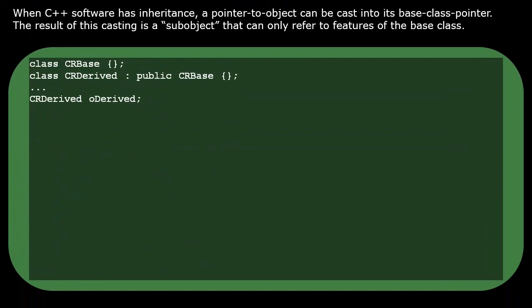When C++ software has inheritance, a pointer to an object can be explicitly cast into its base class pointer.